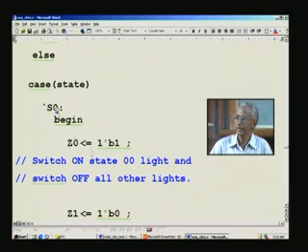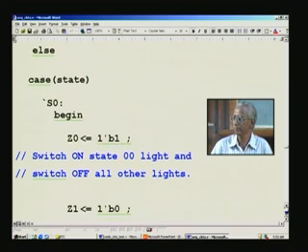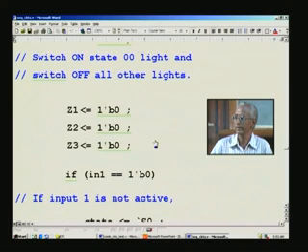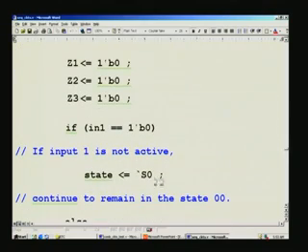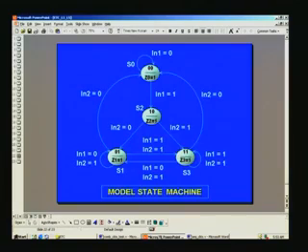Here in this state we need to switch on Z naught and switch off all other outputs, and suppose in is 0, then what we need to do is remain in the same state, that is what is here. So, remain in the same state so long as this is 0.